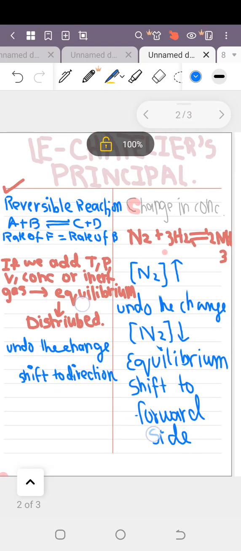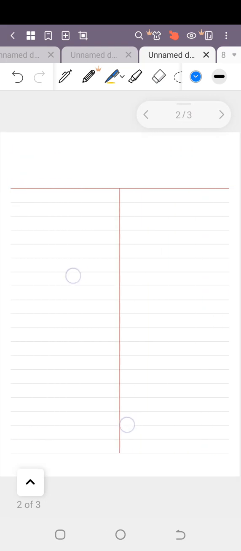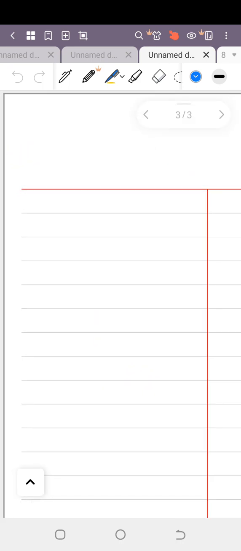Let me give you another example of change in concentration. Suppose H2 concentration decreases. Now we have to undo this, so we have to increase the H2 concentration so that equilibrium can be achieved again.